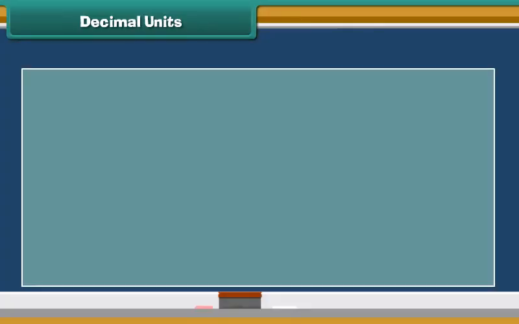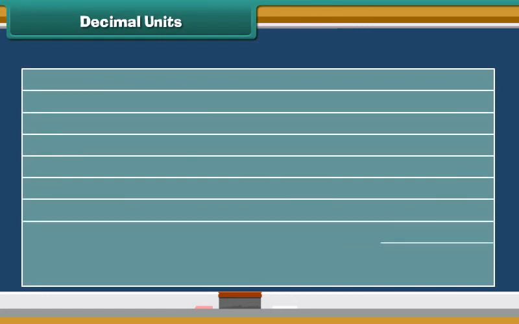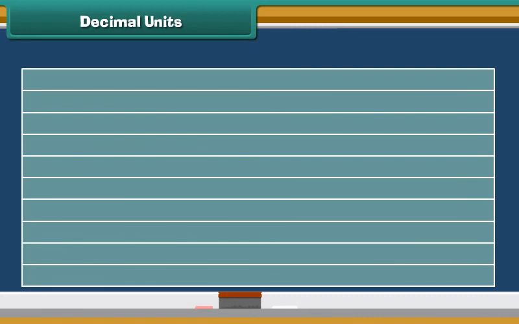Imagine we have a rectangle that represents one whole object. If we divide it into 10 equal-sized rectangles, we will have 10 parts of 1, or we can say tenths. Now, if we divide those rectangles into 10 smaller rectangles, then we have 10 times 10 or 100 parts of 1, that is hundredths.